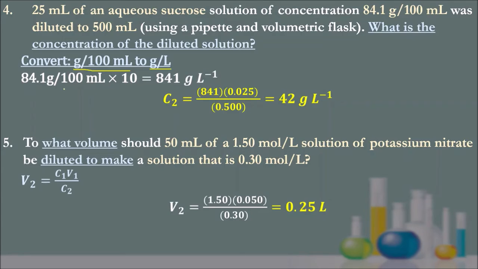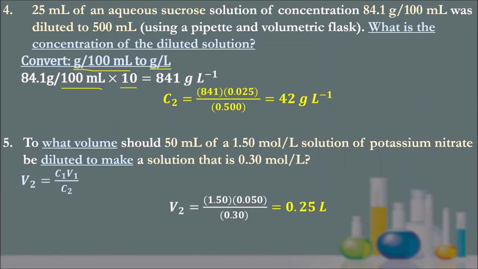So if you think about it, in 1 liter, there are 10 lots of 100 milliliters. So I times 84.1 grams by 10, and I get 841 grams per liter. So essentially that's why I times it by 10 there.